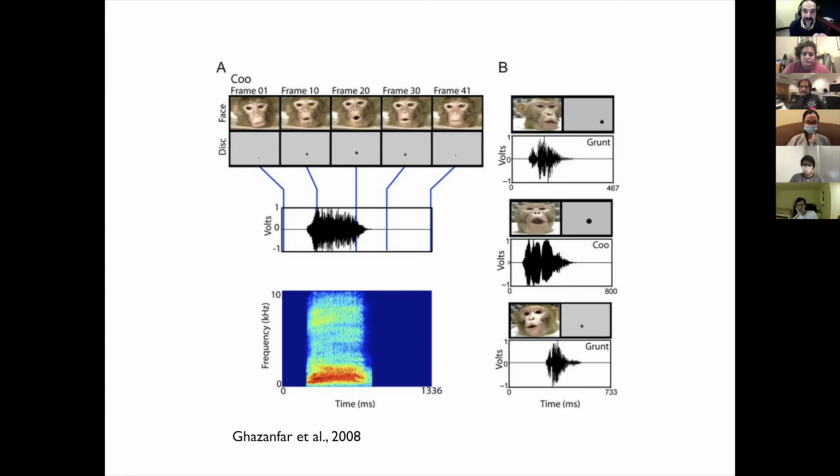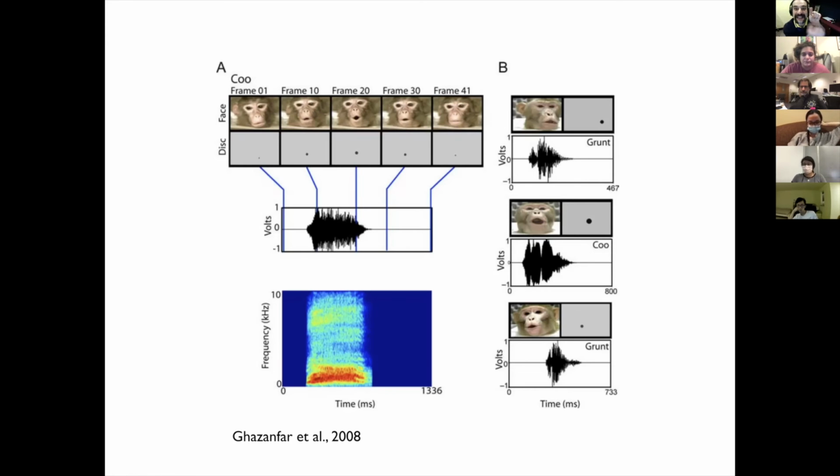Now, here is the interesting fact. If you play the video of a monkey's lips moving and making the coo sound, their lips sort of round up and get small. But when they do the grunt sound, their lips sort of open up and they have a different mouth movement.